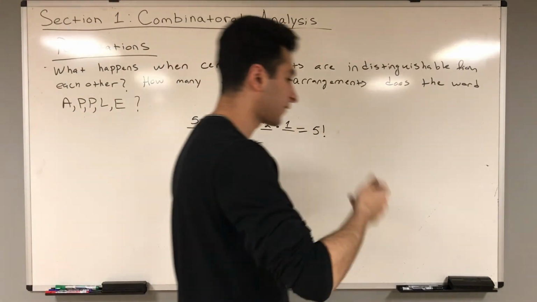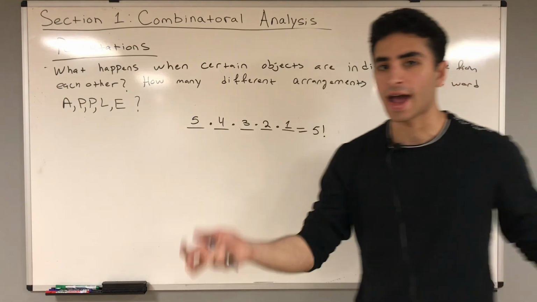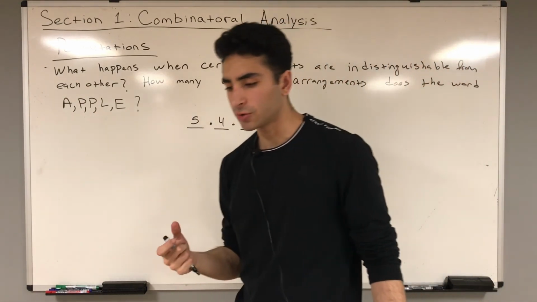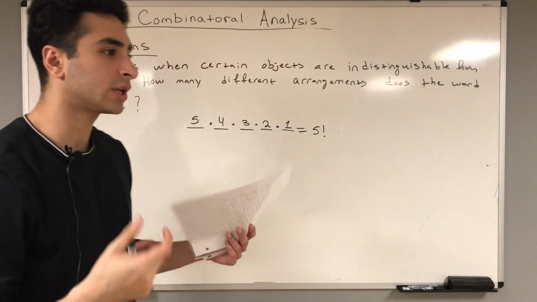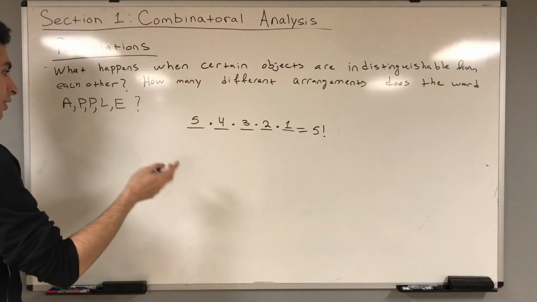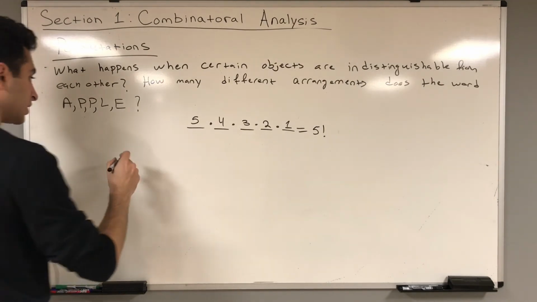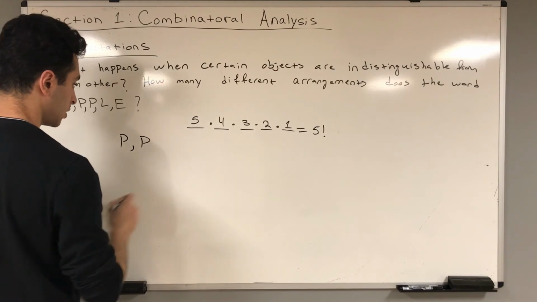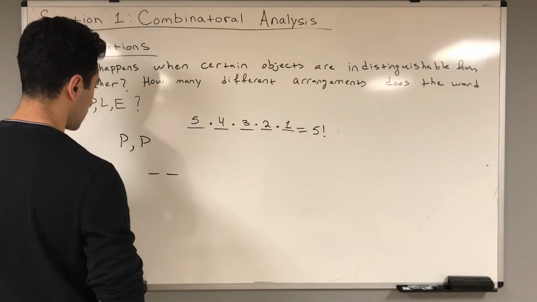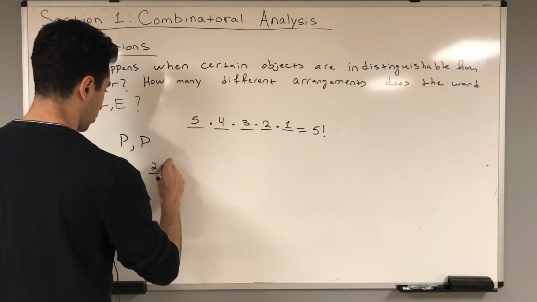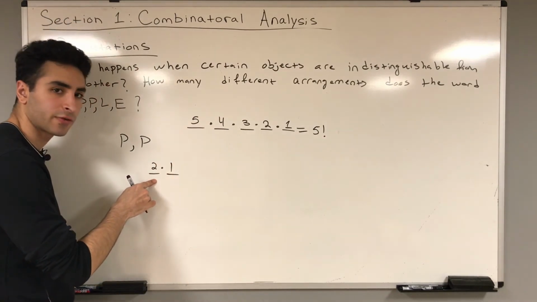So we have to sort of divide out the bad outcomes. How do we do that? Well, you have to figure out how many different ways we can rearrange the P's in general. We have 2 P's, right? 1, 2. There are 2 objects, so 2 slots. I could rearrange them 2 times 1 ways, because you have 2 choices for your first slot.